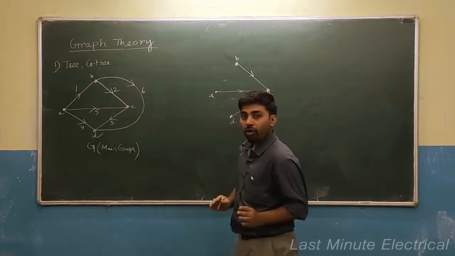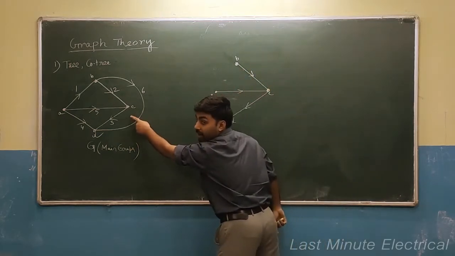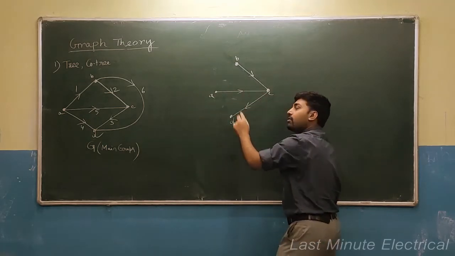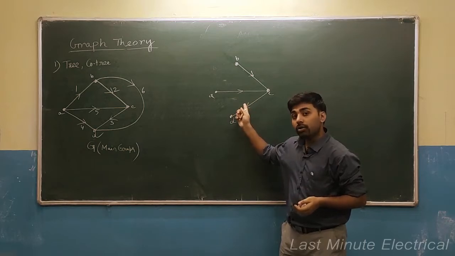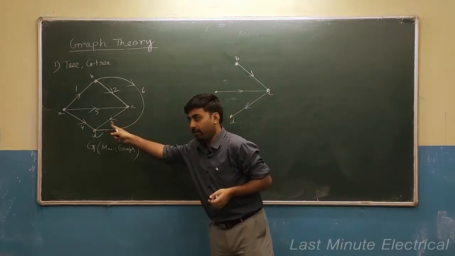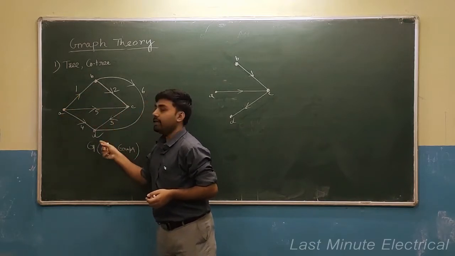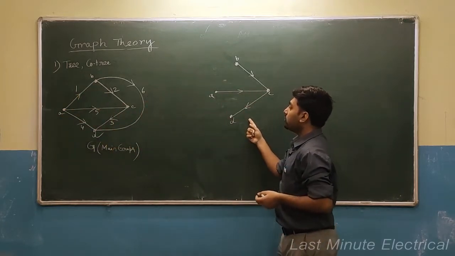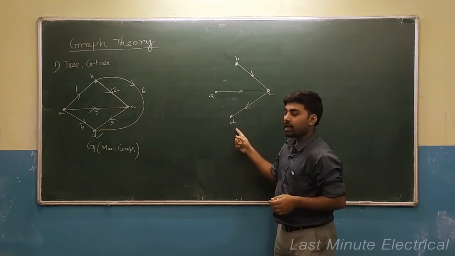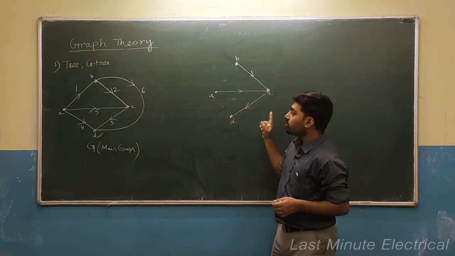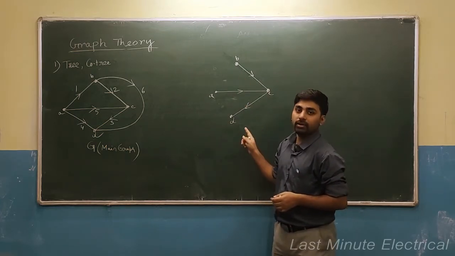Now if I draw a tree, you can see this is the tree of this main graph. Why is this the tree? The first condition I told you is that it will contain all the nodes of the main graph. The main graph has 4 nodes A, B, C, D, and this graph also has the same 4 nodes A, B, C, D. And if you check, you can see this graph does not contain any loop.